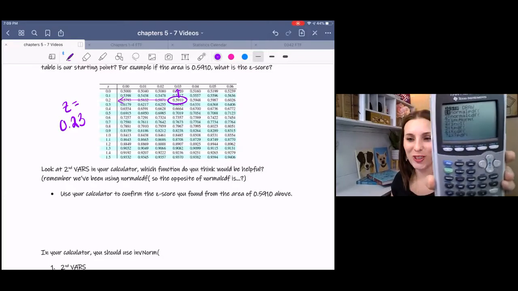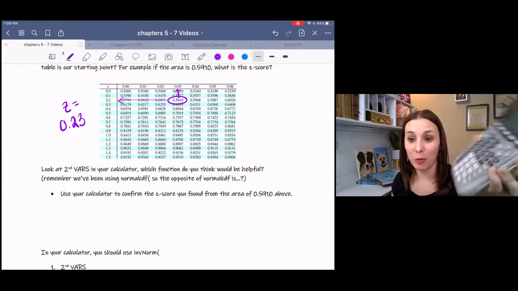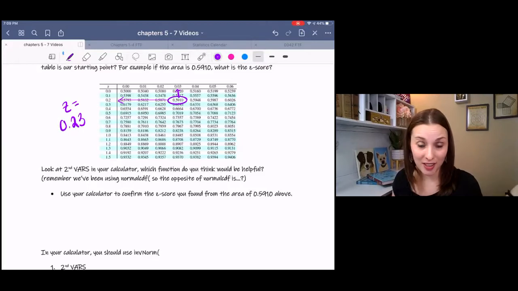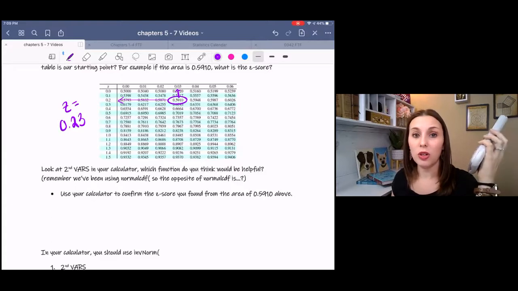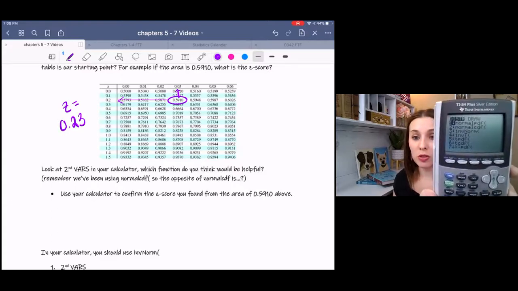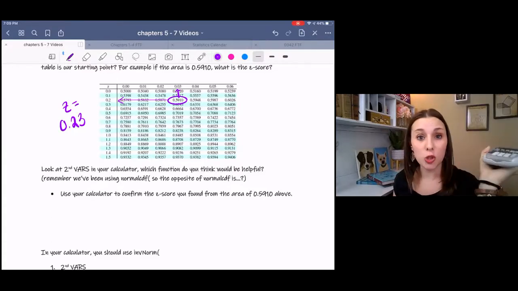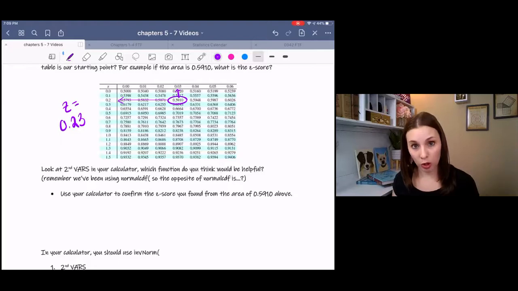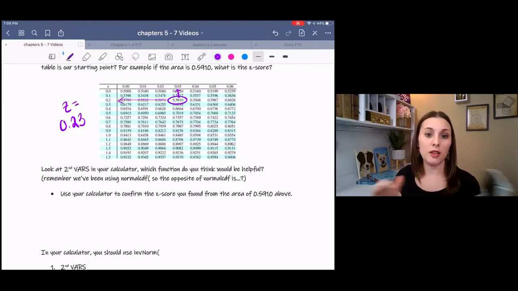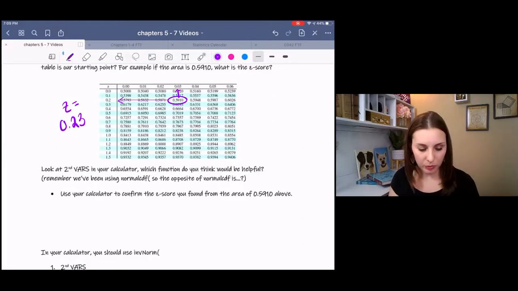And I've already told you, if we want to go backwards or find the opposite, we use the inverse, right? So in the functions, which one looks like it might be an inverse? Inverse norm. So inverse norm is going to help you find the z-score if given the area. And that's number 3 on my calculator.